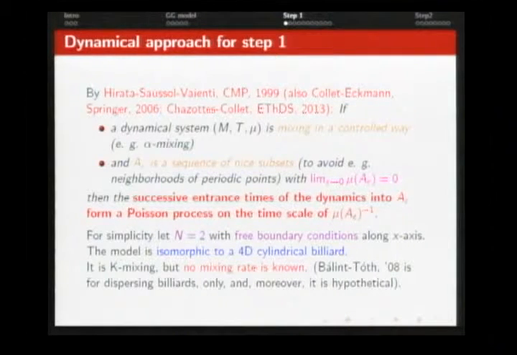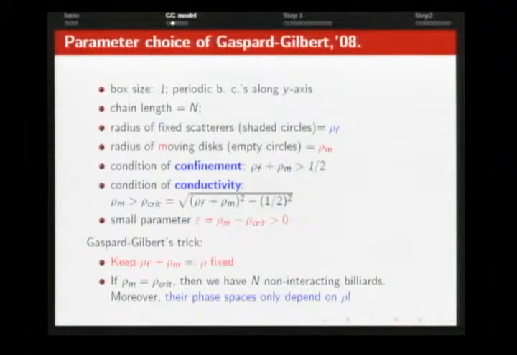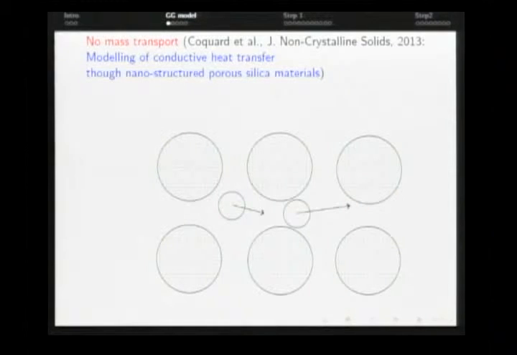If you consider this model for 2 cells, with free boundary conditions along the x-axis, then this model is isomorphic to a 4-dimensional cylindrical billiard.